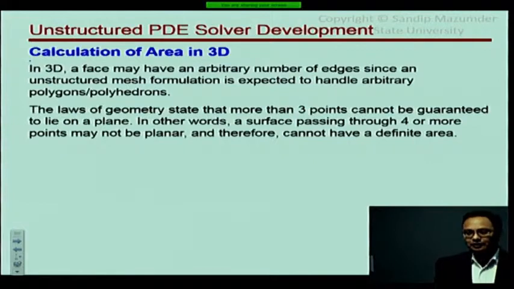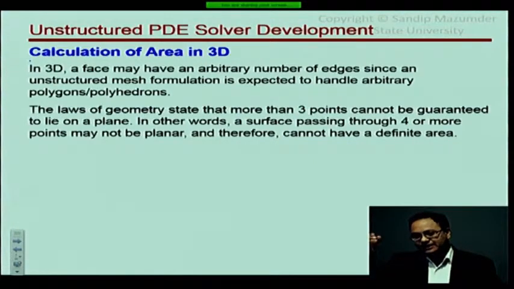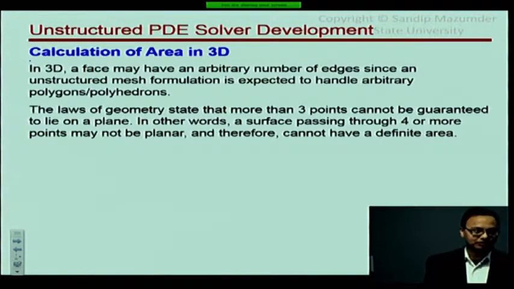Okay, now if I take any number of arbitrary points, there is no guarantee that those points will lie on a plane. Okay, if I take 4 points, you cannot guarantee me that those 4 points will be on a plane. They could be just some warped surface. Okay, the only case where you can guarantee that is if you have a triangle.